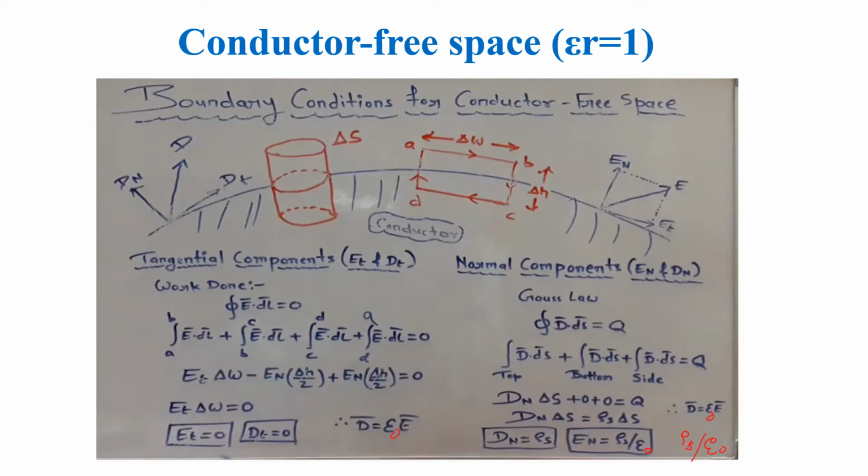So we have to find the behavior of the electric field at a boundary between a conductor and free space. For that, consider the boundary shown here. This is the conductor, and this is the free space.